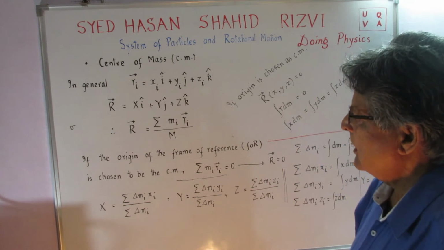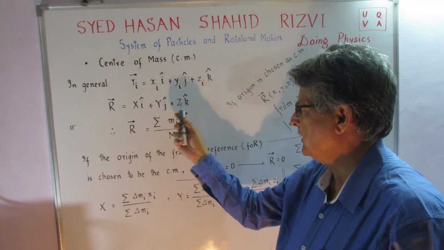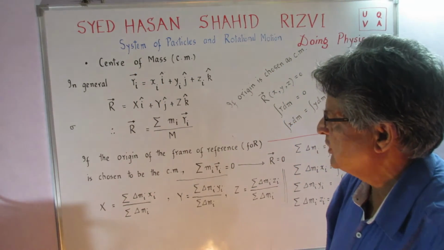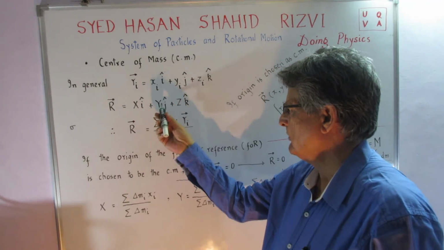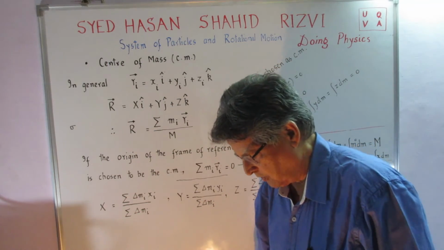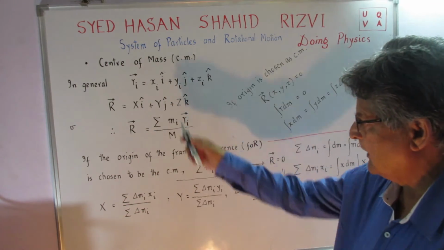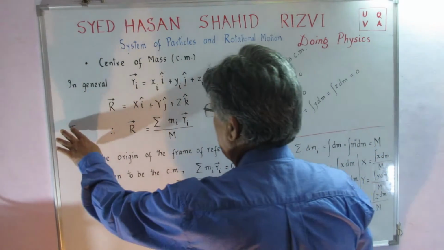Then we can also write, in terms of the components of the position vector of the center of mass, the x component, y component and z component, keeping them with the unit vectors i, j, k like here.